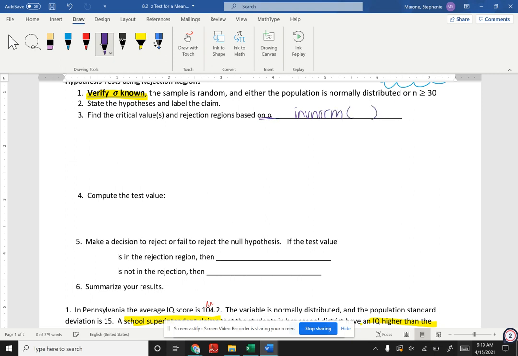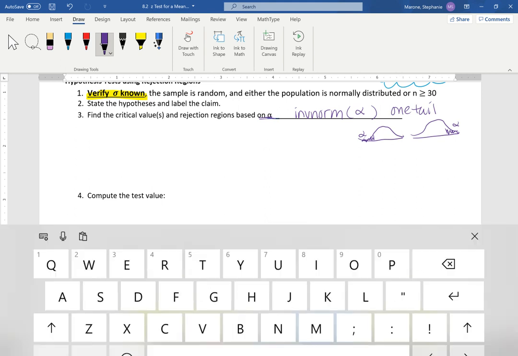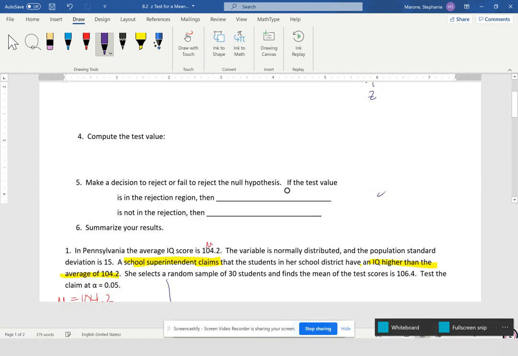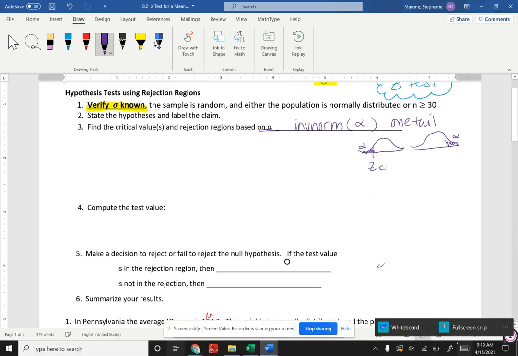If it's a one-tail test, so if it's a left tail or if it's a right tail, we do the inverse norm of alpha, and we label that as Z sub C. Or like I said the other day, some books write Z sub 0.